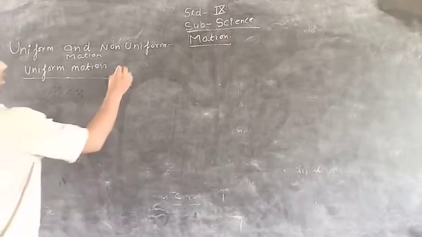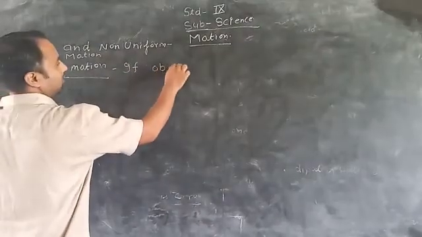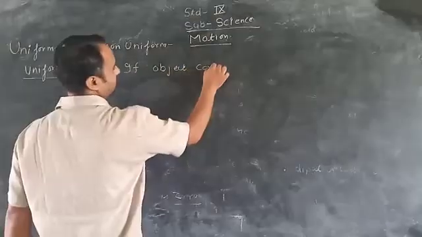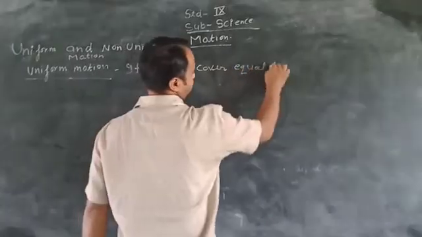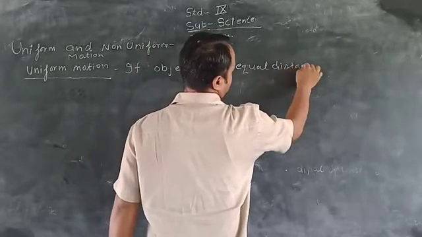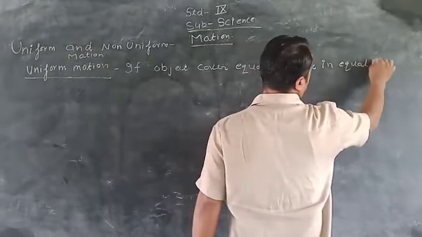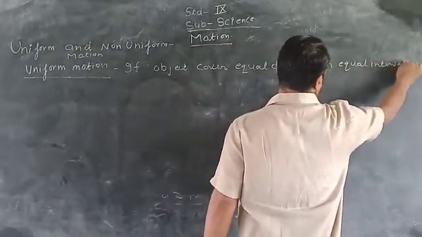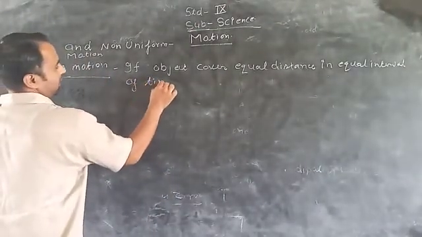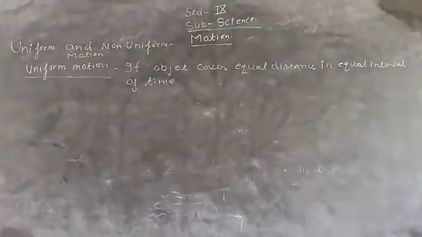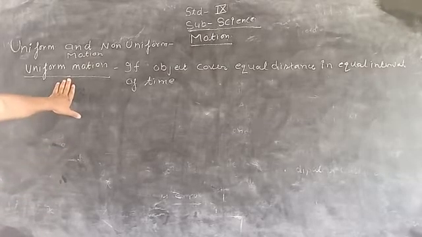It means if an object covers equal distance in equal intervals of time, then this type of motion is called uniform motion.